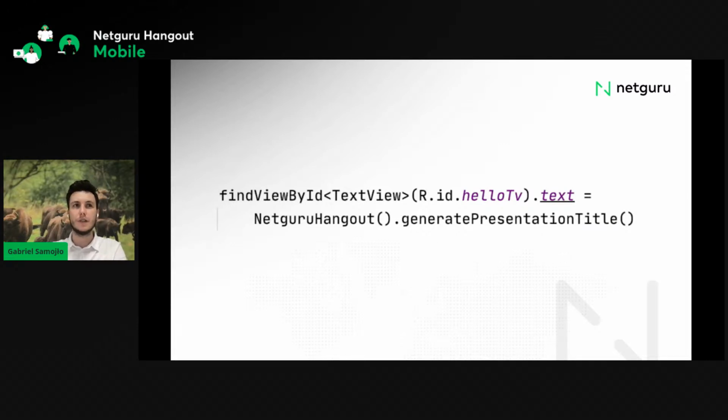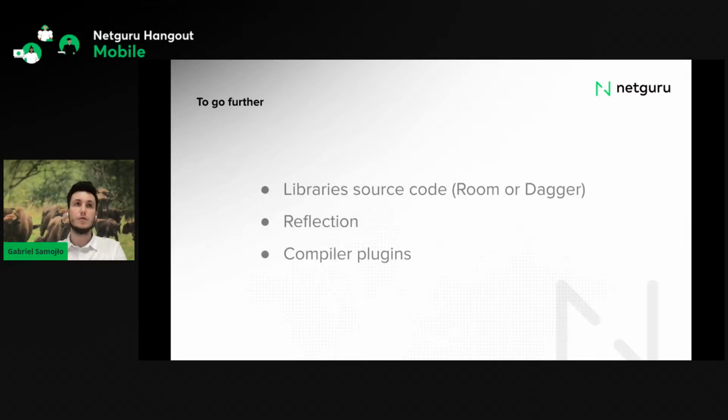There are plenty of use cases for that. And I really want to encourage you to dig a bit deeper into the topic, and I can recommend some sources. For example, it's really worth going through the source code of popular libraries that use annotation processing, like Room or Dagger.